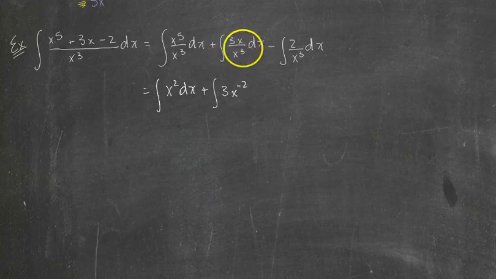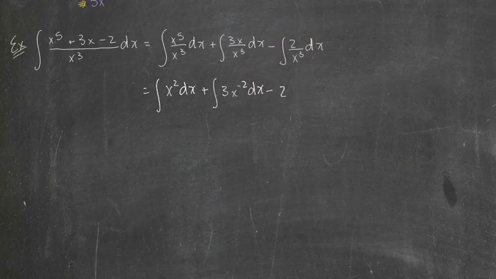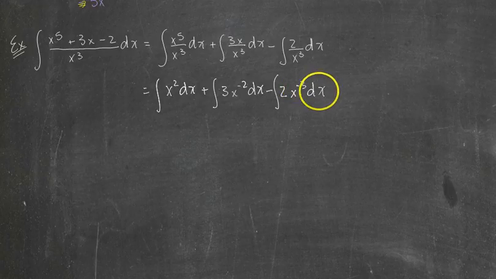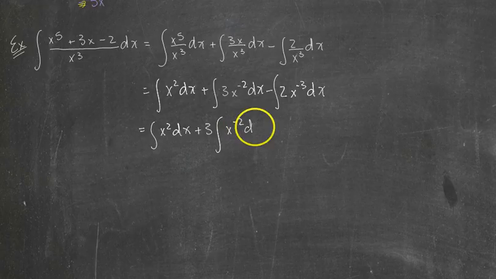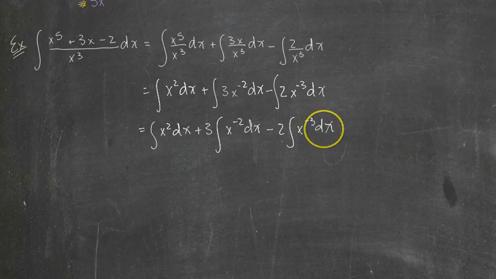So the x's cancel, I get an x squared in the denominator, I bring it up to the numerator, I get x to the minus 2 dx, minus 2 times x to the minus 3 dx. Okay, let's take out our constants. I'm not going to worry about the first one. x squared dx plus 3 times the integral of x to the minus 2 dx minus 2 times the integral of x to the minus 3 dx.